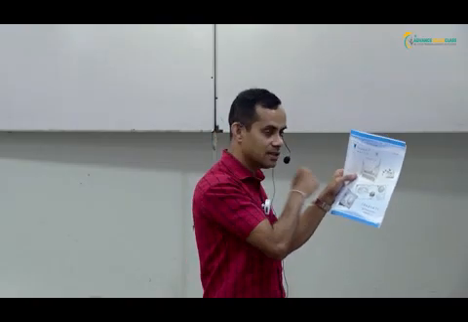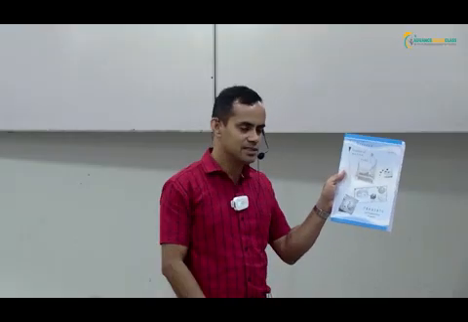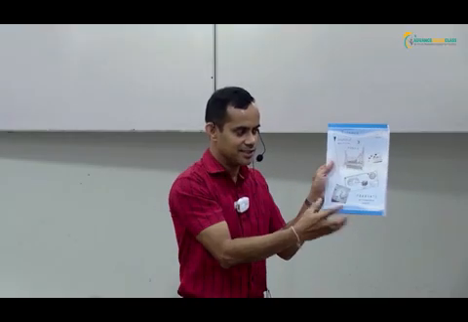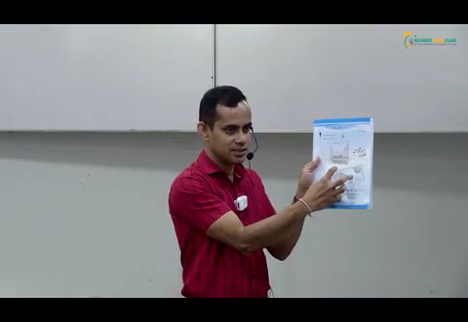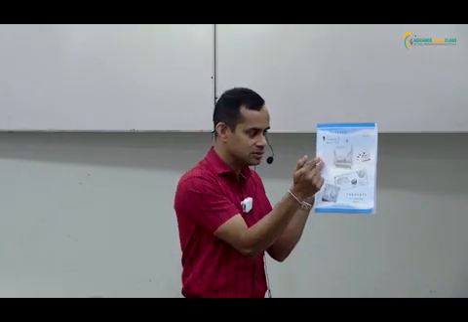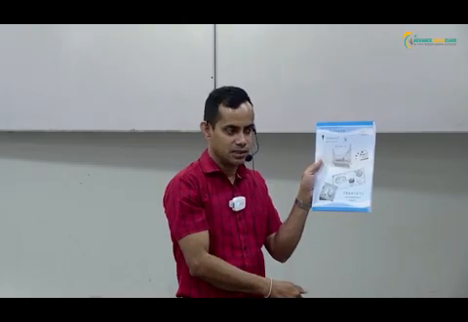Through this hole positively charged alpha particles came out, and he placed a very thin, extremely thin gold foil in the path of alpha particles. He wanted to see whether alpha particles can go through this foil of gold or can't.